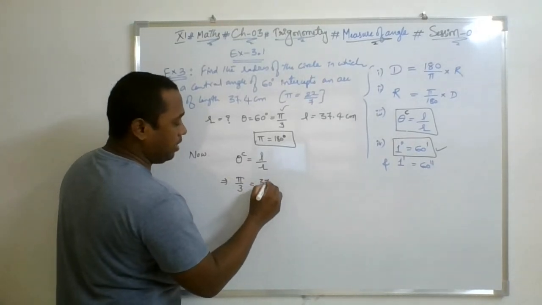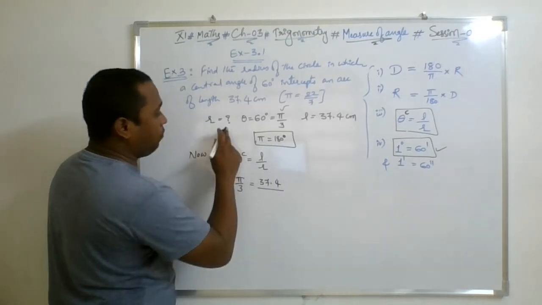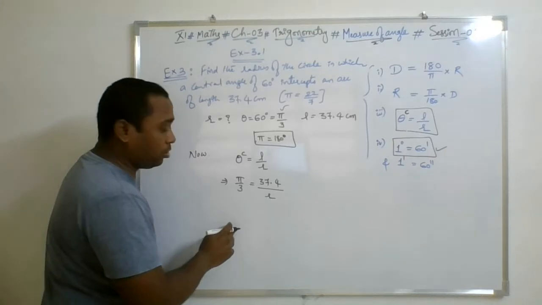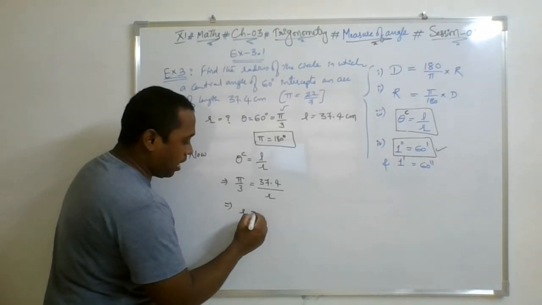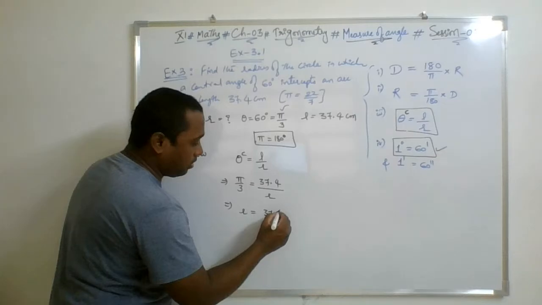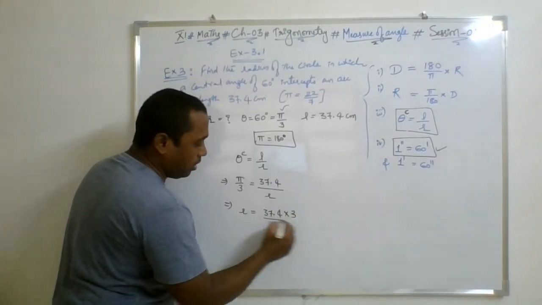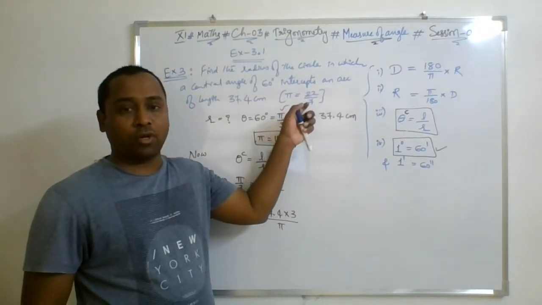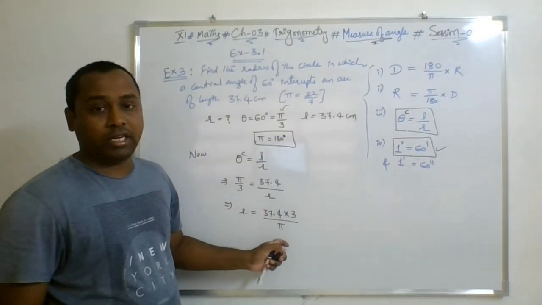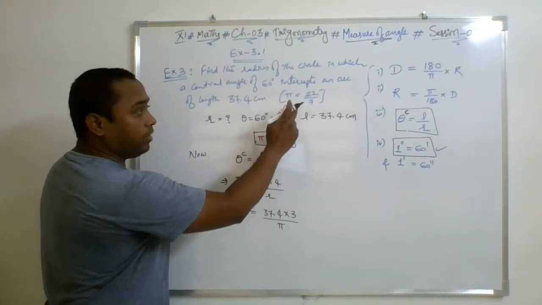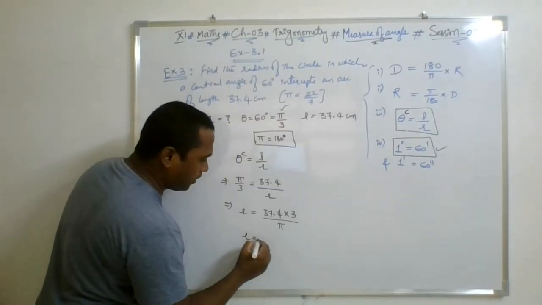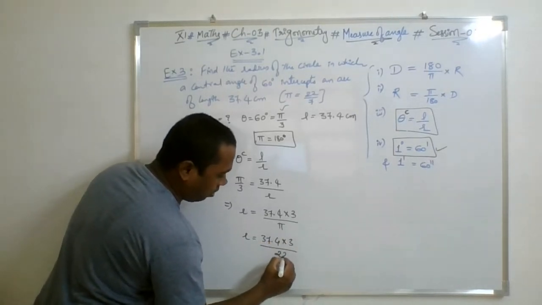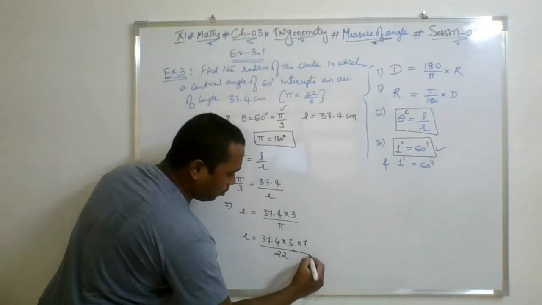the length of the arc that is given, 37.4, and what is the radius? R is a question mark. Just do the cross multiplication and then we will see what R will be. 37.4 into 3 by pi. But the value of pi is given as 22 upon 7. You need to use that value. It is mandatory if it is given in the question. So R is equal to 37.4 into 3 by 22 upon 7, that 7 will go in numerator.